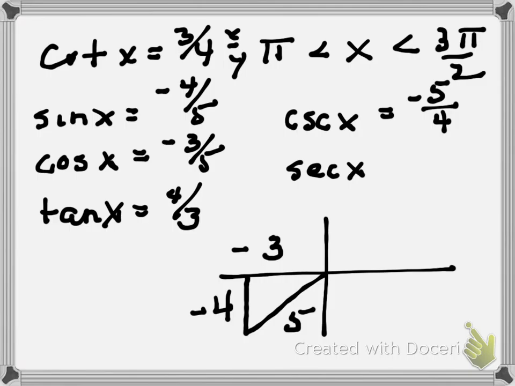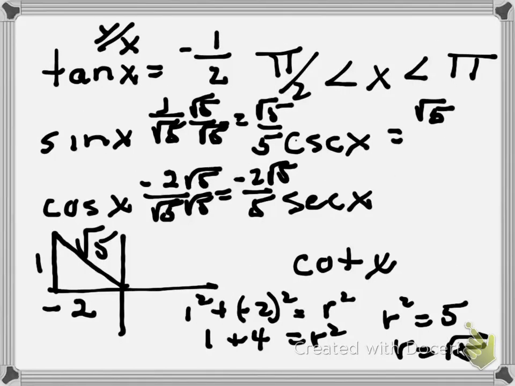We usually write it as negative 5/4 with it out in front, or negative 5 in the numerator over 4. And secant, so we have the square root of 5 over negative 2, and typically again, we put the negative in the numerator, even though I know that it is not r that's being negative, and the cotangent is reciprocal of tangent, which is negative 2.